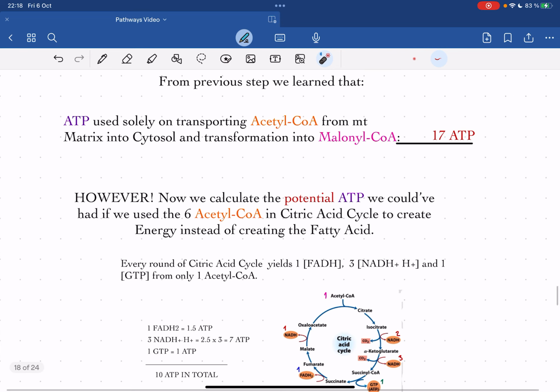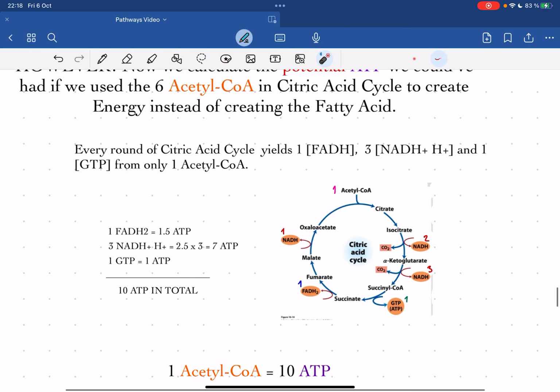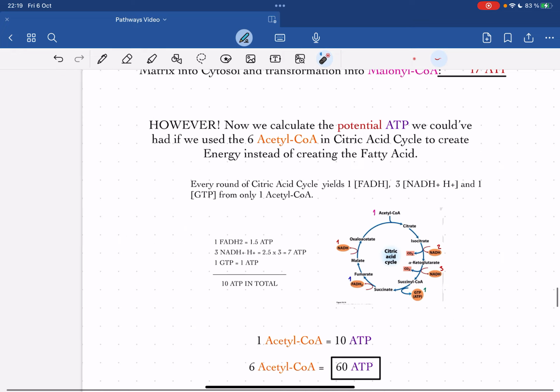However, now we need to calculate the potential ATP that we could have had if we used the 6 acetyl-CoA in the citric acid cycle instead of using it in the fatty acid synthesis. So in the citric acid, we use it in order to create energy, right? And now you should know this by heart already, but for every acetyl-CoA we feed into the citric acid cycle, we get 10 ATP in total.